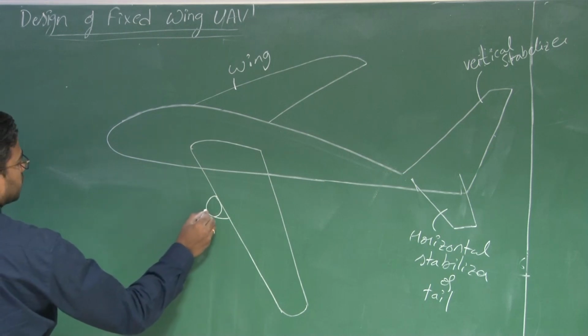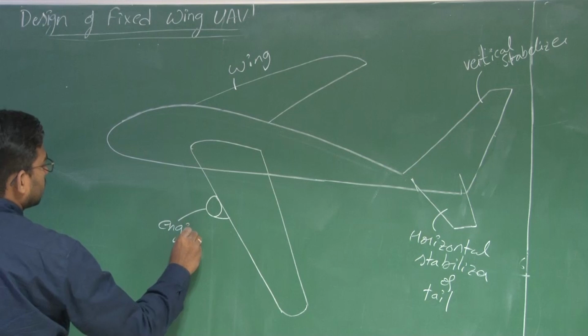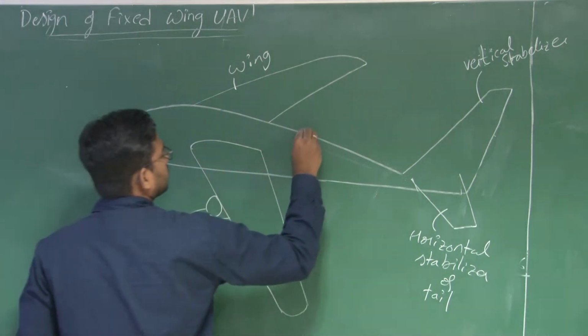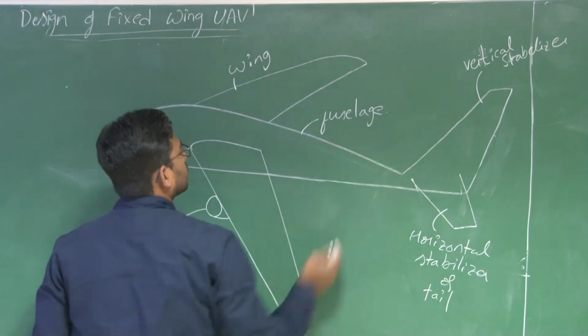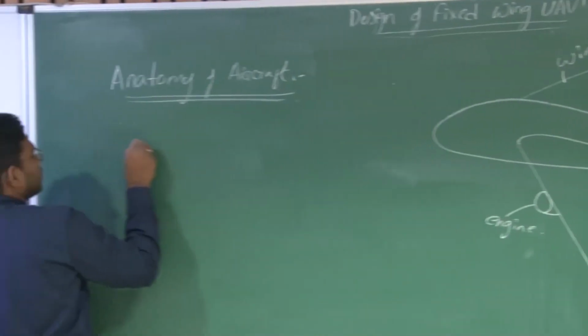And we have a propulsion system, engine. Here it will be on either side, though you can have a single engine as well in some aircraft. Then you have the fuselage, and then the undercarriage.